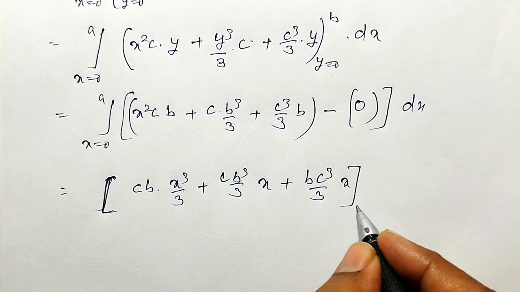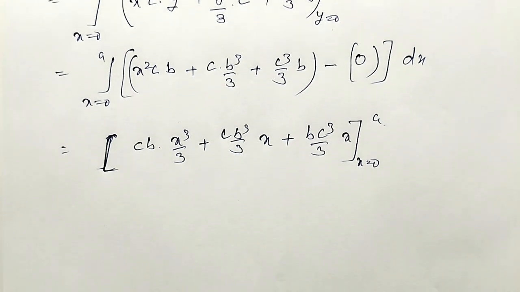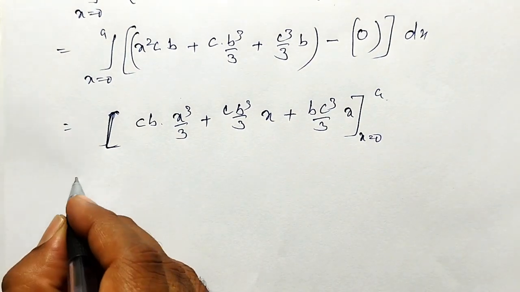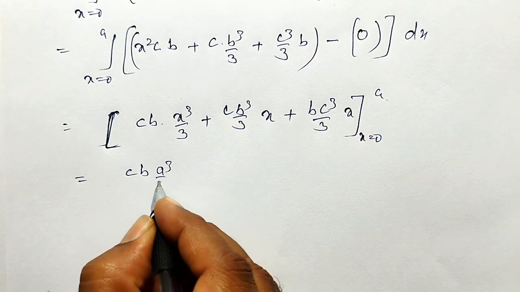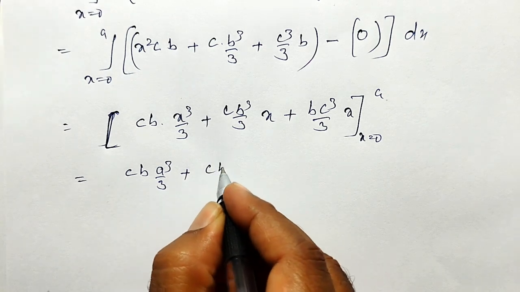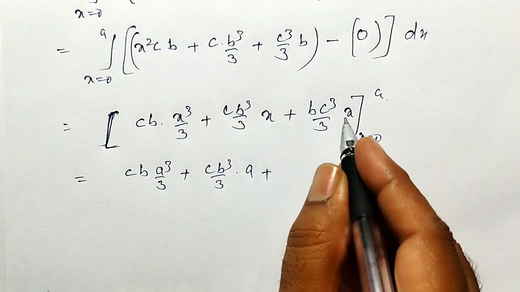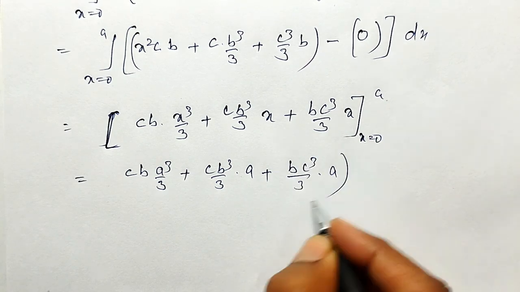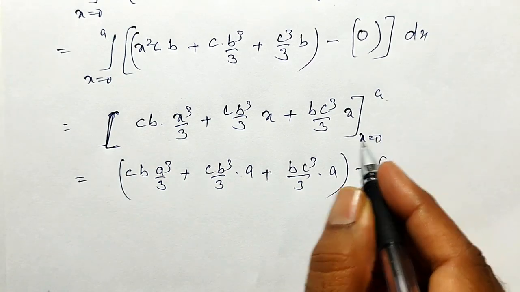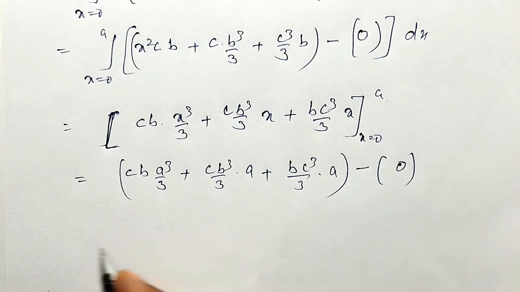This is between the limits x equal to 0 to a. Now substitute x, upper limit minus lower limit. I am going to get cb a cube divided by 3 plus cb cube divided by 3 into a plus bc cube divided by 3 into a, minus, with x replaced by 0, everything is 0.